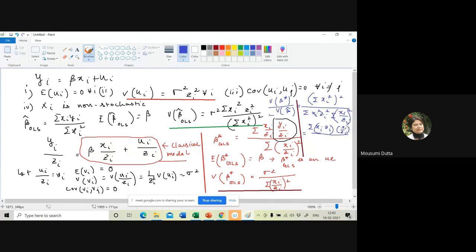Can we write the numerator in this format? Please check, and if anyone has any problem, please let me know. Summation xi zi into xi by zi, denominator summation xi zi square and summation xi by zi square.